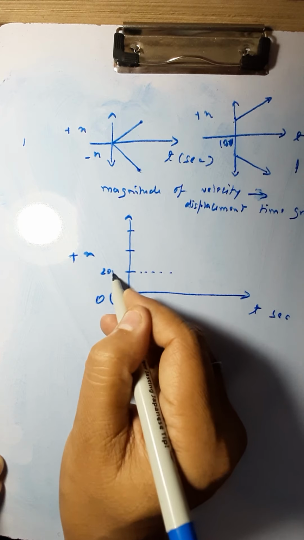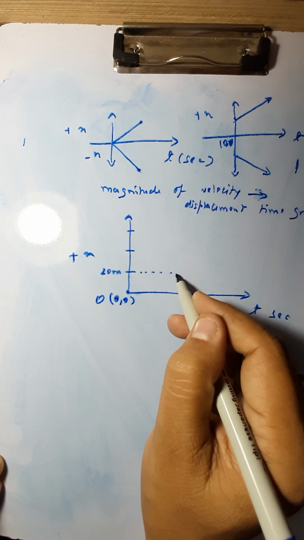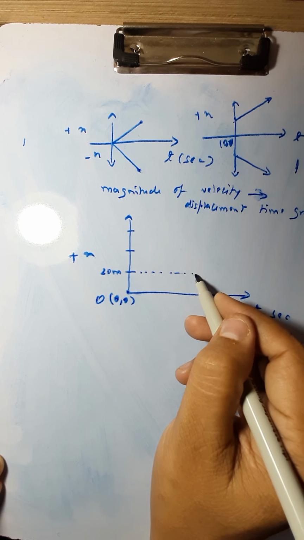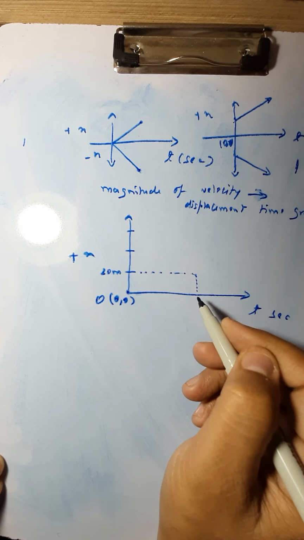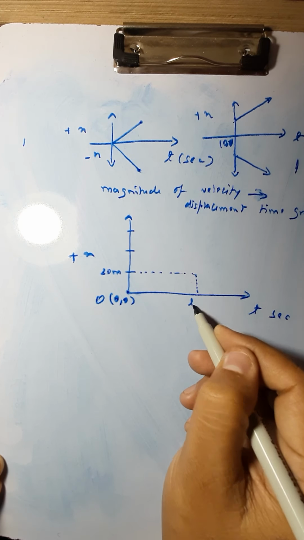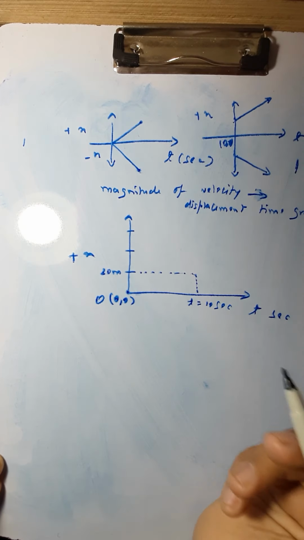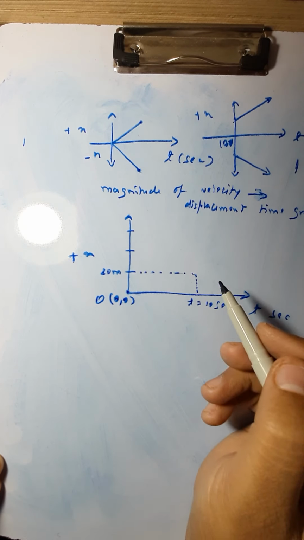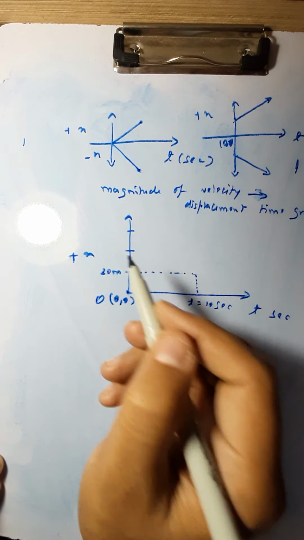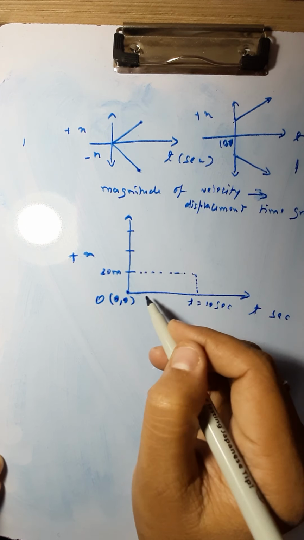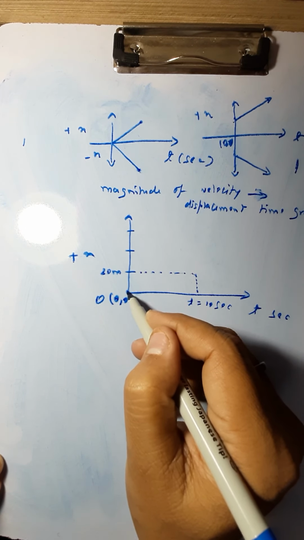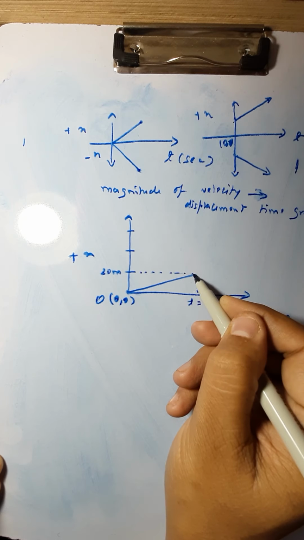Here it is 20 meter, in time t equal to 10 seconds. Okay, then its graph would be like this.